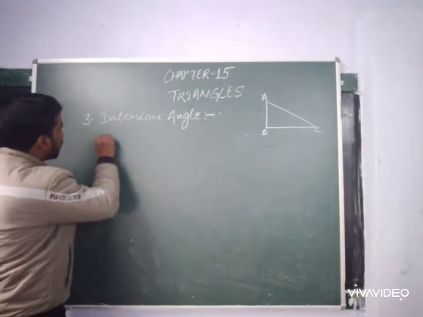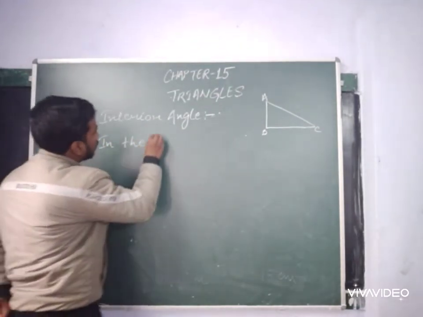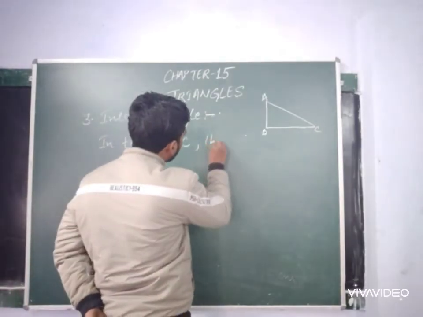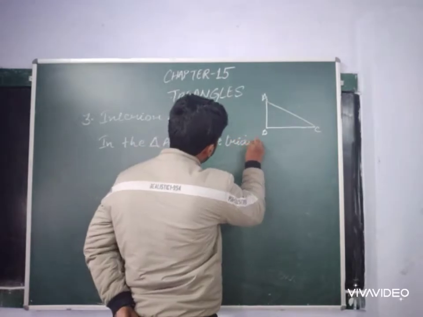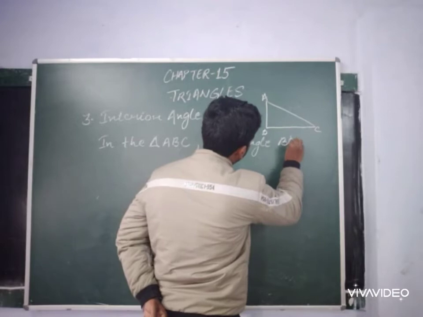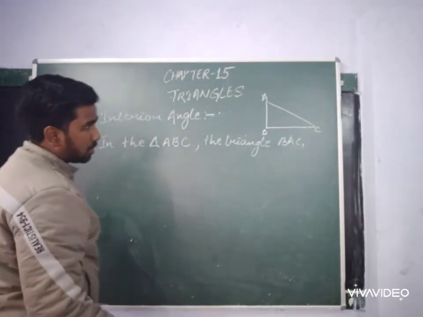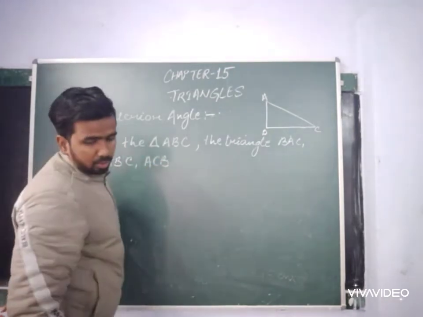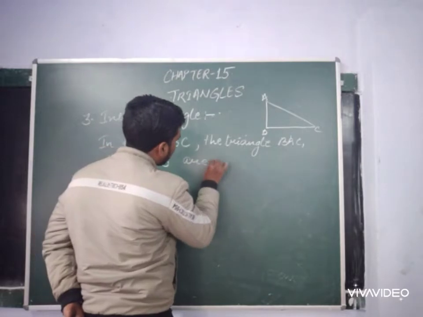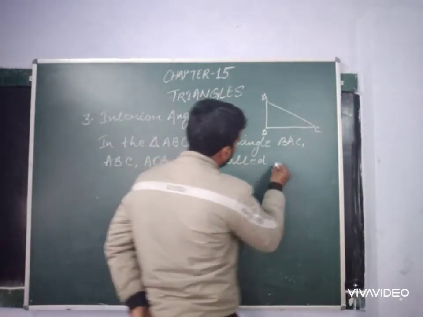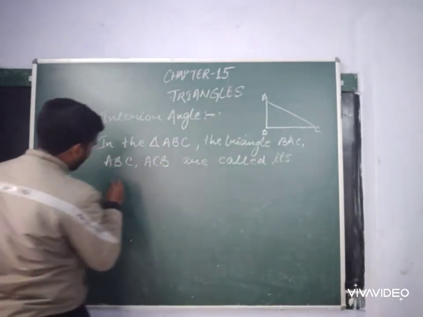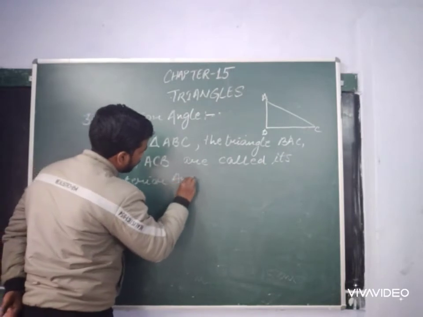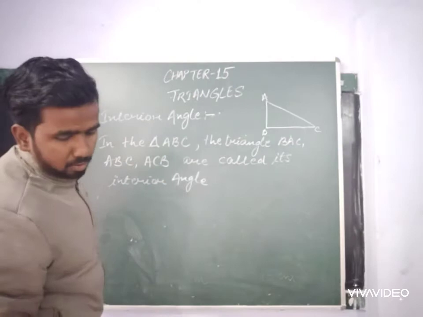In triangle ABC, according to the definition, the angles BAC, ABC and ACB are called its interior angles.